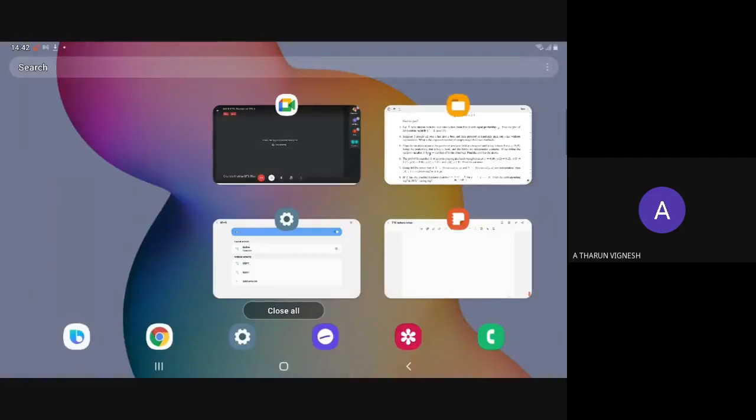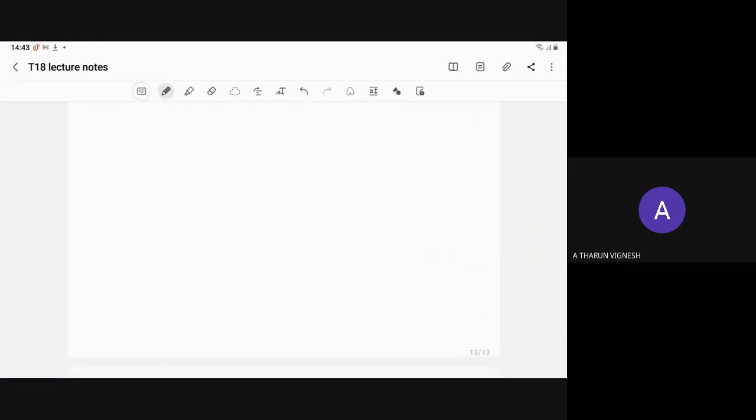Actually, this is not a question for the present. This question should come when you have knowledge about the joint density. But it is in the sheet, so I'm covering it here.